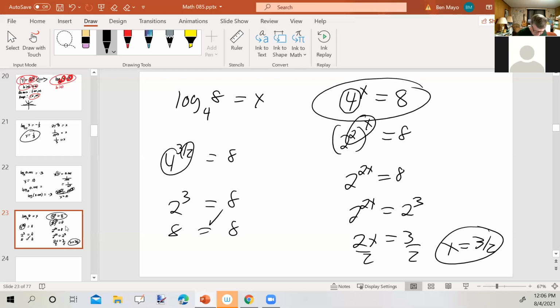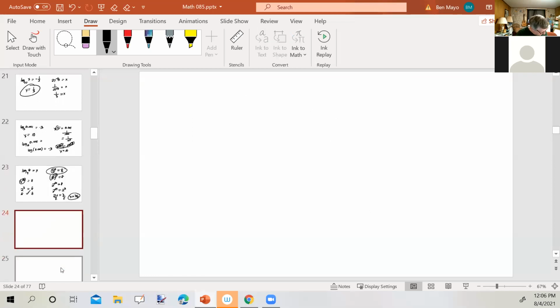Okay. Now, this says evaluate each logarithmic expression. Log base 3 of 9. Well, this is a logarithmic expression, but I'm going to turn it into an equation, and I'm going to say log base 3 of 9 equals some unknown quantity that I'm just going to call box.